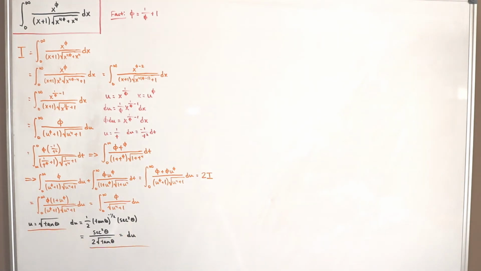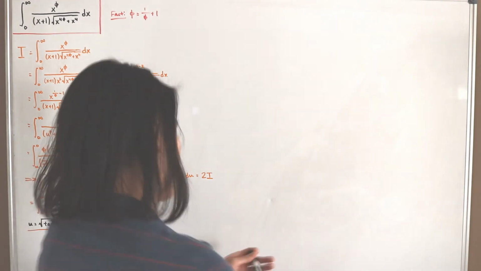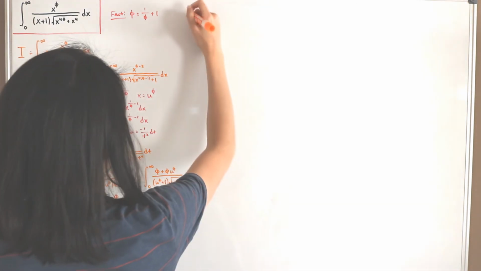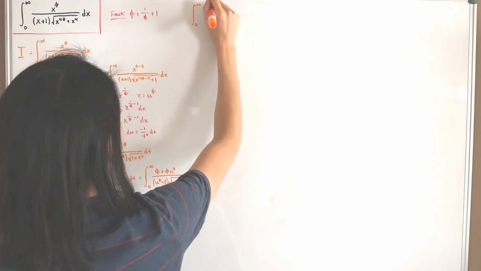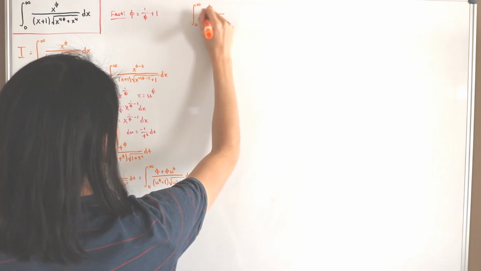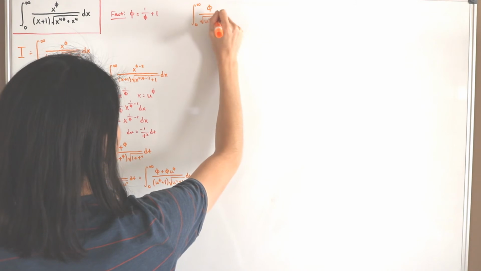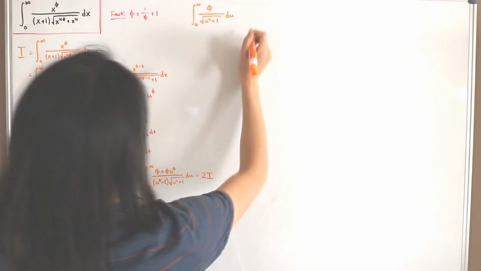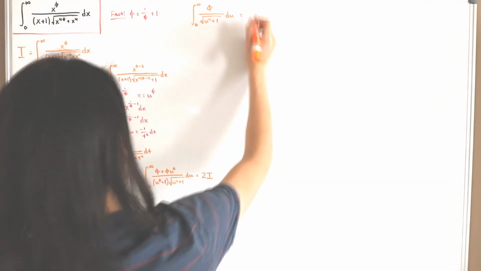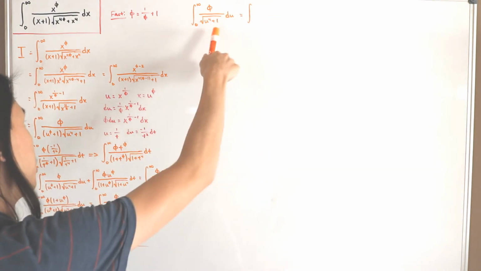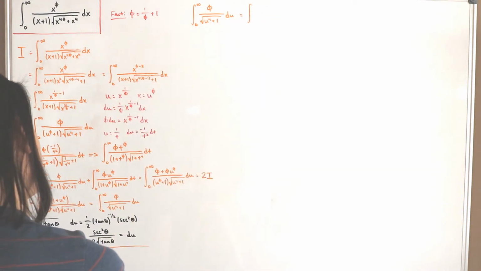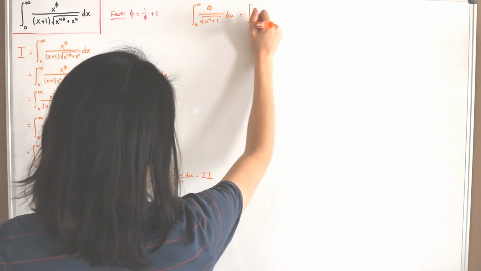Okay, so now from here we're going to perform the substitution. So I'll reiterate what our given integral is: the integral from 0 to infinity of pi divided by the square root of u to the power 4 plus 1 du. When we plug in our new bounds, I plug 0 for u, so theta would have to be 0.